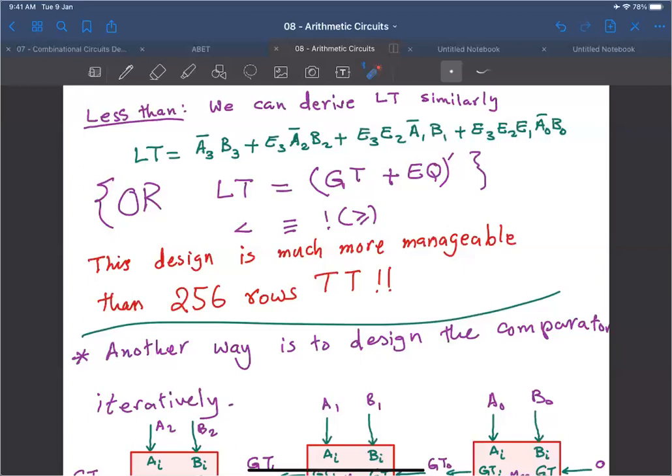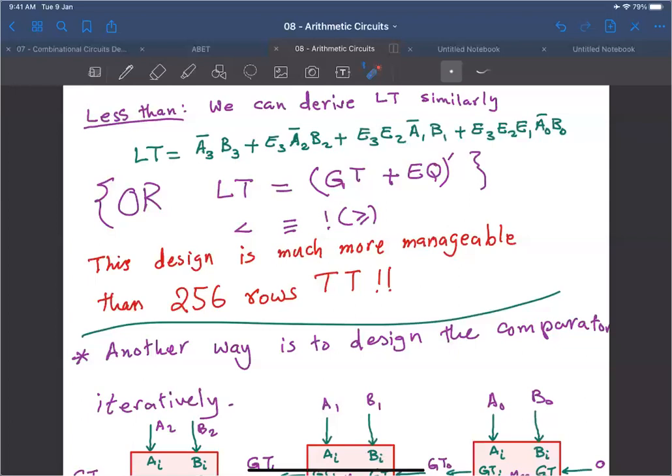But now we discuss another way of designing the magnitude comparator, in which I want to design my comparator in a bit slice manner. I want to design a bit comparator that compares 2 bits for equal, greater than, or less than, and then use this exact copy, this bit slice, and cascade it over all the bits of the numbers that I have.